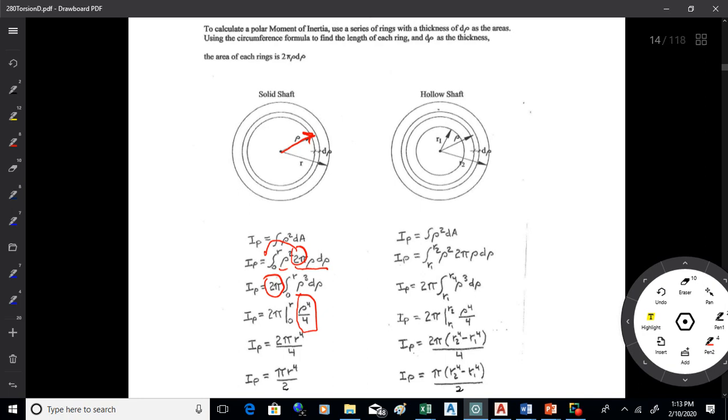Plug in the limits, because we're starting at the center of the shaft, working our way out to the outer radius, so those are 0 and r. We get 2 pi r to the 4 over 4. 2 over 4 is just 1 over 2, so it's pi r to the 4 over 2. Okay. So that's the basic formula for the moment of inertia of a solid shaft. I've got that, that's equation 94.